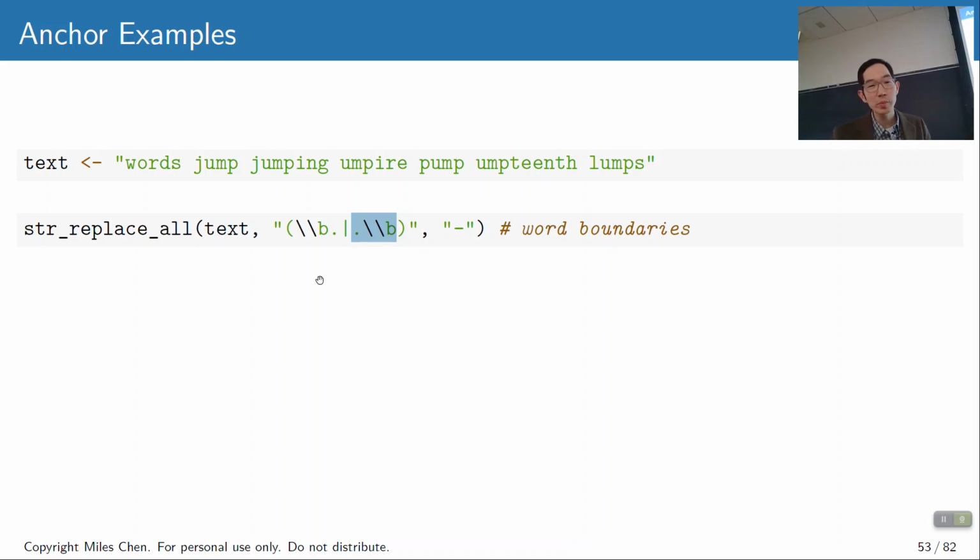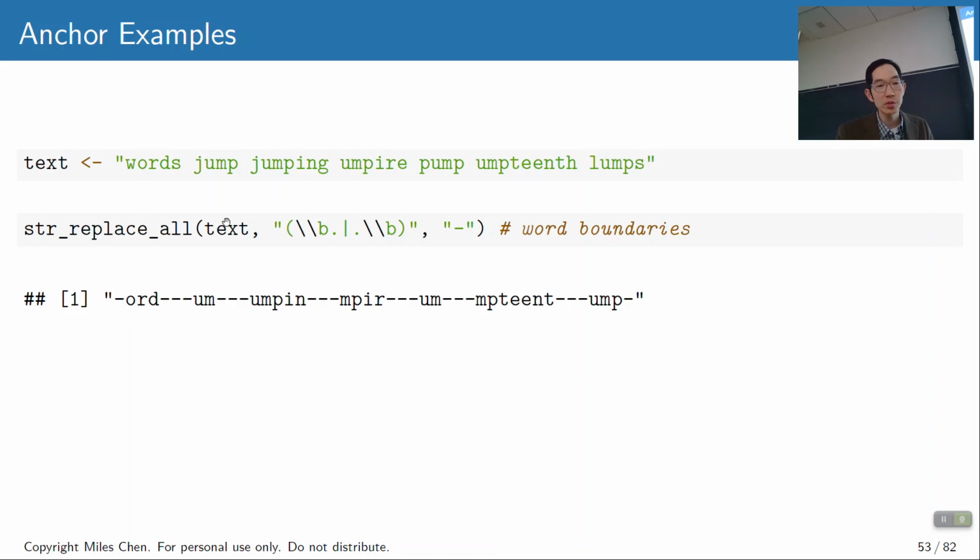Okay, so what are word boundaries? Here the words are words, jump, jumping, umpire, pump, umpteenth, and lumps. The edges of the words are the word boundaries. So it's going to replace the W, it replaces the S, it replaces the space because the space is preceded by a word boundary.